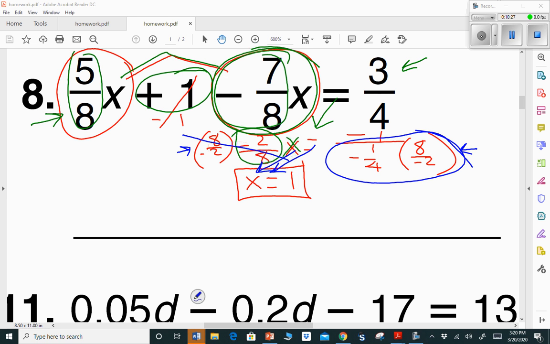Again, you could use your calculator, but here's how you multiply fractions, guys. Negative, you do top times top is 8. 1 times 8 is 8. Bottom times bottom is 4 times 2 is 8. And then we've got negative times negative, which makes positive. And 8 over 8 equals 1. So that's why we've got x equals 1 there.